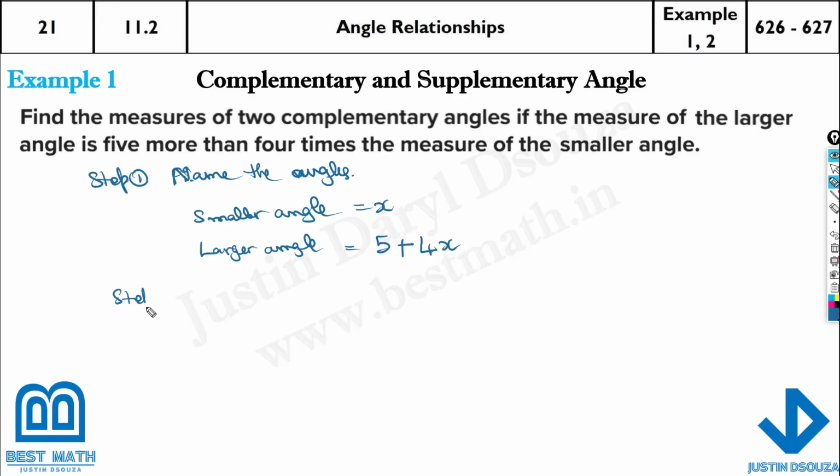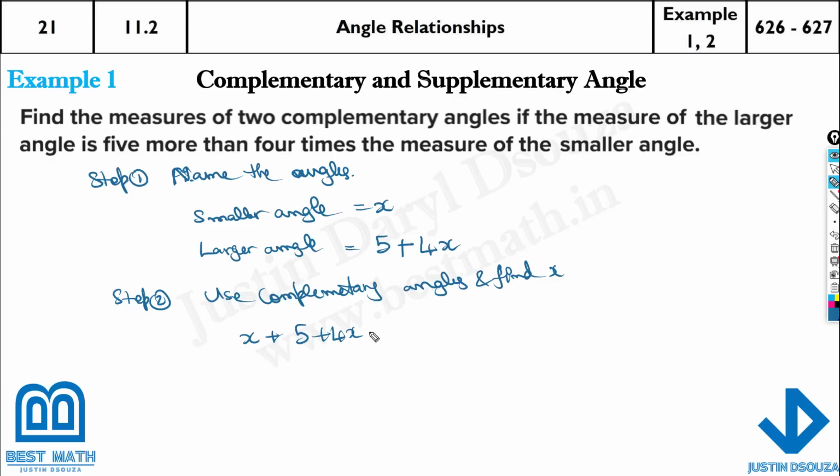Now step 2, use complementary angles and find x. So when we add these up, complementary means x plus 5 plus 4x.